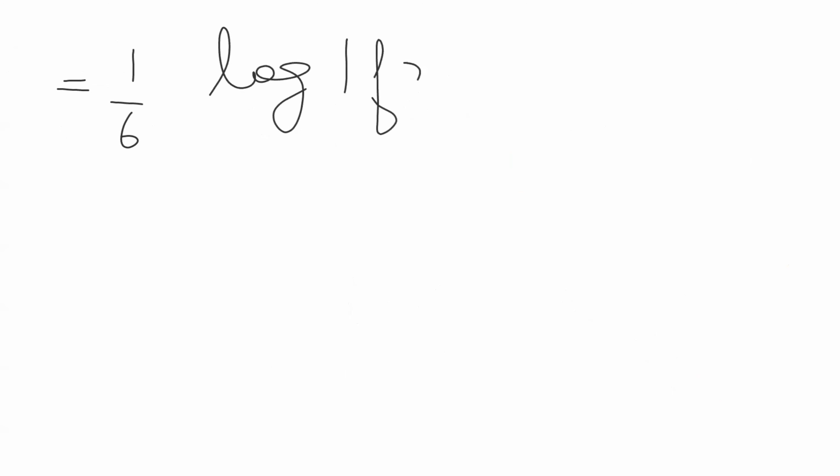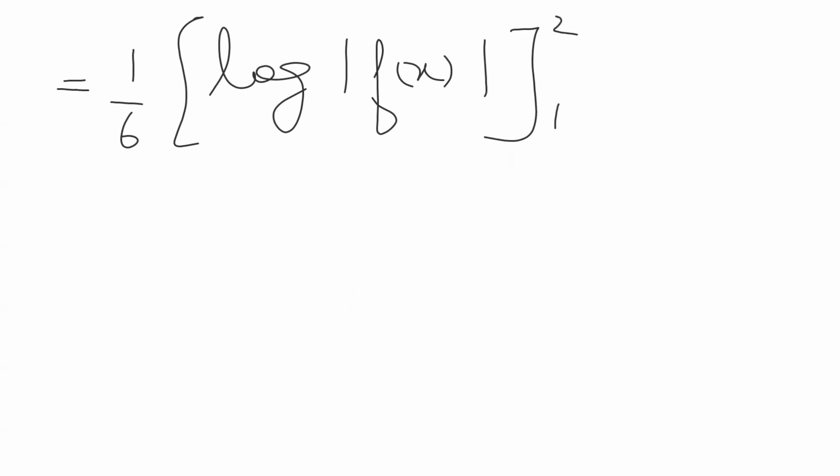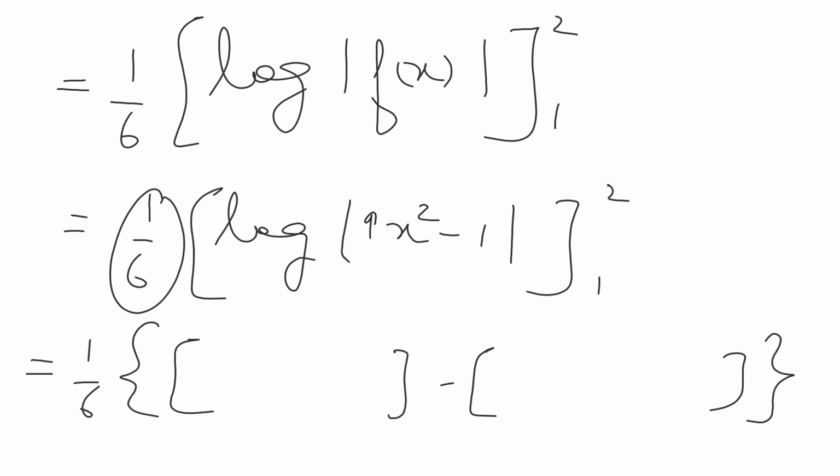So 1 by 6 log modulus f of x plus c. But then plus c won't come because we are in definite integration. Upper limit is 2, lower limit is 1. So 1 by 6 log modulus f of x, where f of x is 9x square minus 1. So 1 by 6 box bracket minus box bracket, but this time I'll also put a curly bracket because there is 1 by 6 outside.